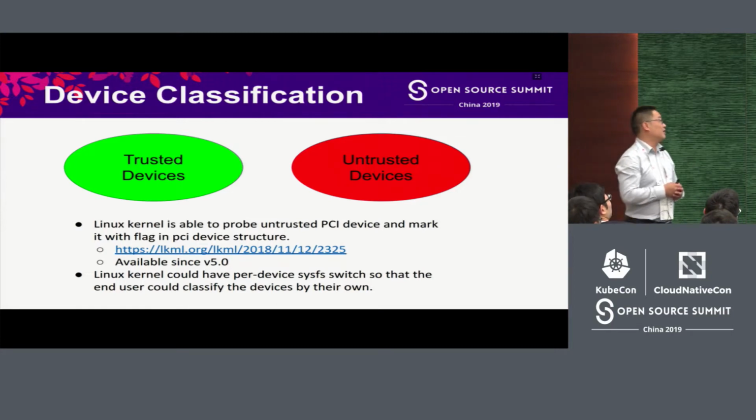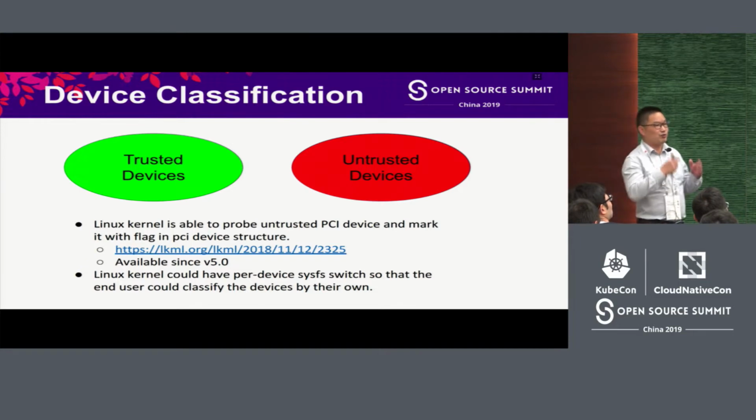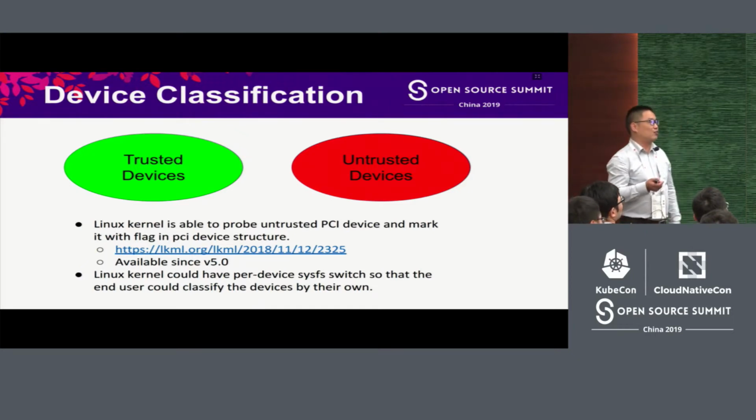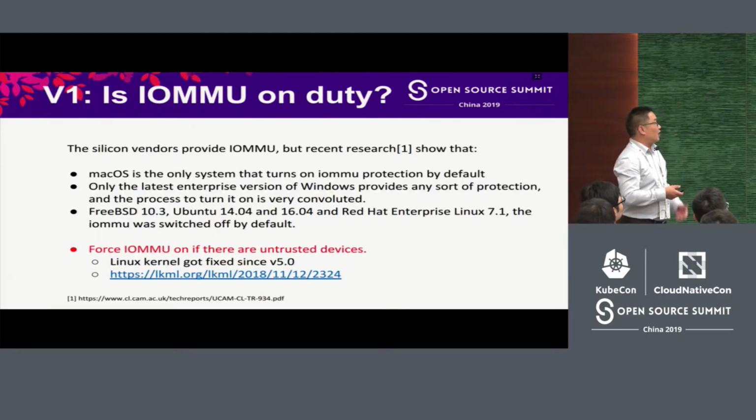For these untrustworthy devices, we will identify them, and also we will have per-device testing and screening, and finally the trusted and non-trustworthy devices will have to be determined by the customers, to see which are the safe and secure devices and which are not. So these are what we're working on.